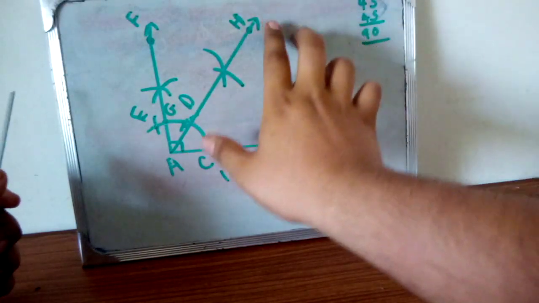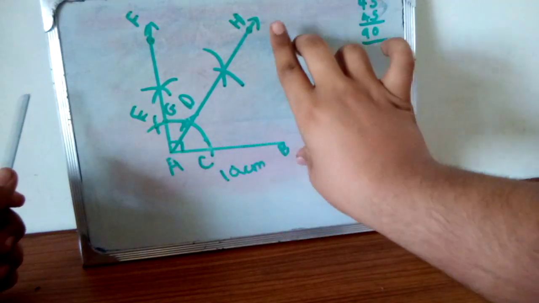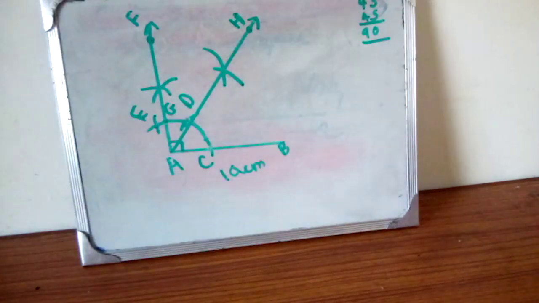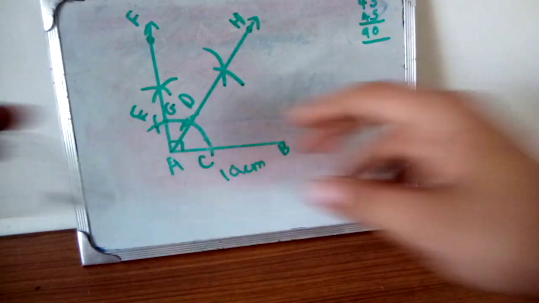So as you can notice, angle HAB is of 45 degrees. We can check it by a protractor.